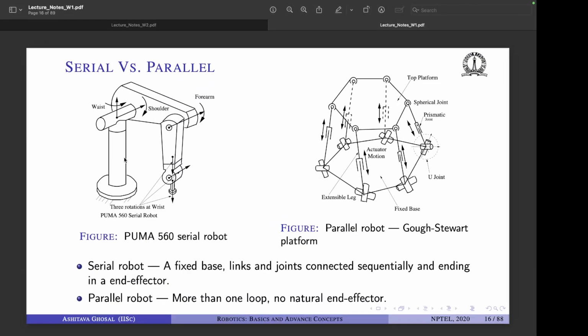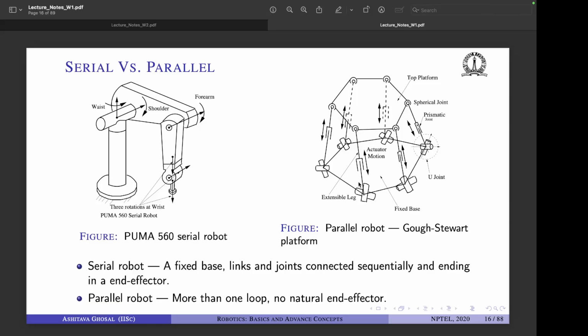Series robots have a fixed base, and then there are links which are each joined to one link, the link before them and the link after them. So it's a sequence of links, and at the very end is an end effector. In parallel robots, we have loops, so it's not an open kinematic chain, but a closed kinematic chain.